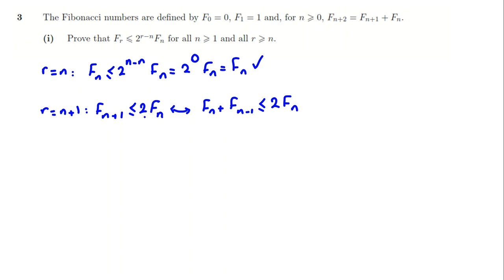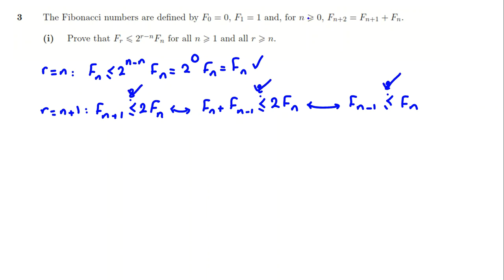So instead of f(n+1), you can write fn plus f(n-1). Now, if we subtract fn from both sides, it is equivalent to f(n-1), question mark, because we want to prove it, being less than or equal to fn, and we see it's correct.